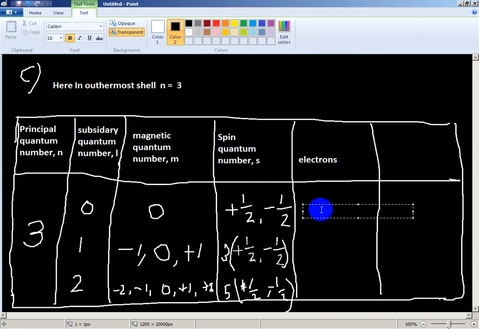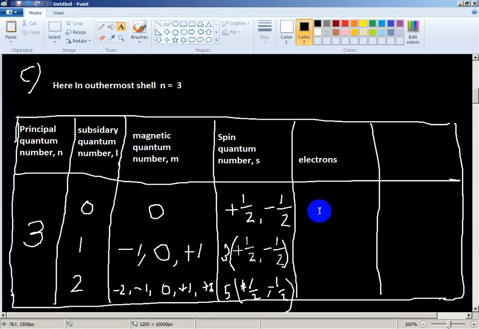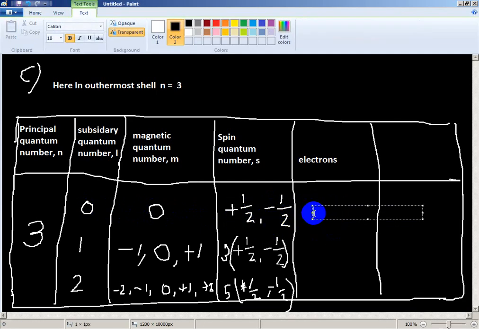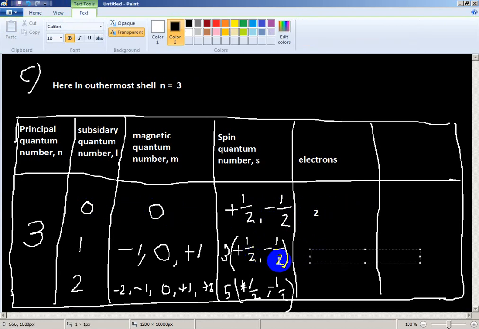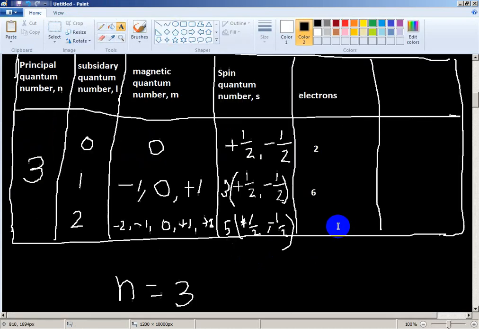With plus half and minus half, there are 2 electrons here. Now here, how many electrons? 6 electrons.